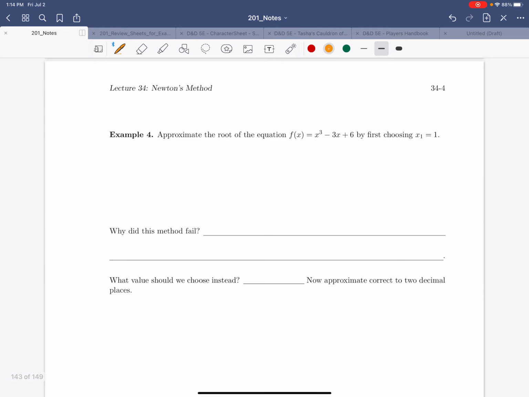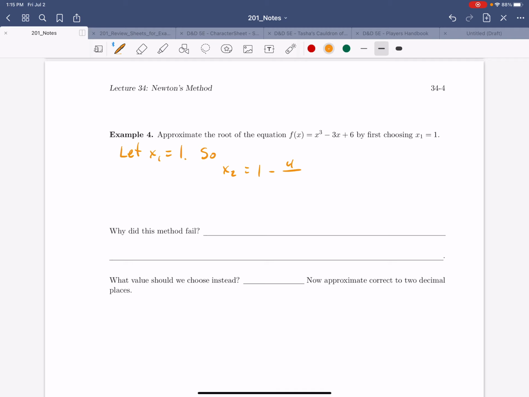Okay, another example of a failed Newton's method. Now, I pulled this one from Stewart. Approximate the root of this equation by first choosing x1 equals 1. Okay. So x2 is going to equal 1 minus f of 1. That shouldn't be too bad. 1 minus 3 plus 6, that's what, 4?